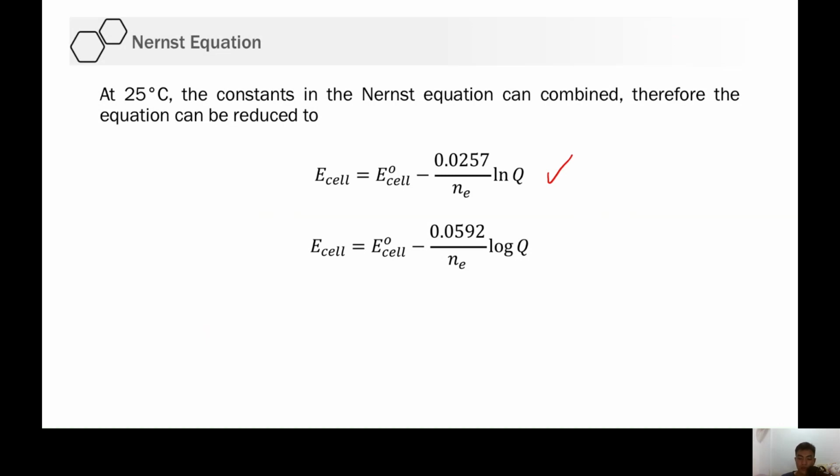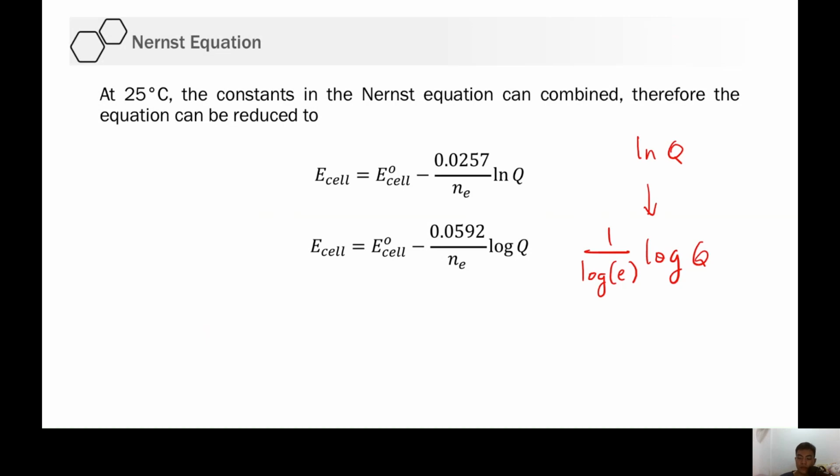So how can we derive this from this? If you want to express ln Q as log, all you have to do is divide it by the log of the Euler's number. Just some algebra.